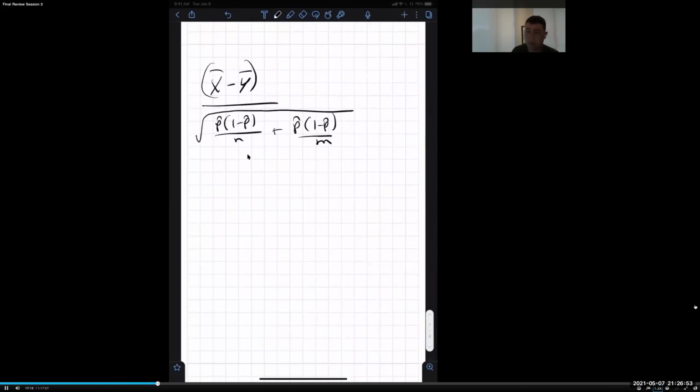And now all of this is computable. We know everything, and this is still approximately normal 0, 1. So this is essentially our test statistic in this case.